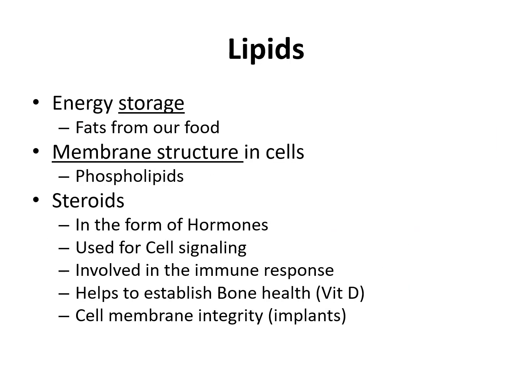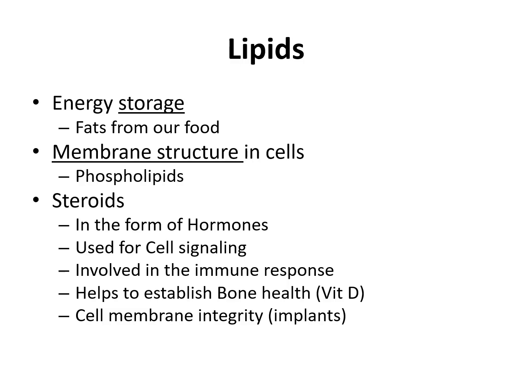The purpose of a lipid is for energy storage and to make membranes, but steroids are also an example of lipids. So triglycerides are for storage, phospholipids are for membrane structure, and steroids are used for cell signaling.